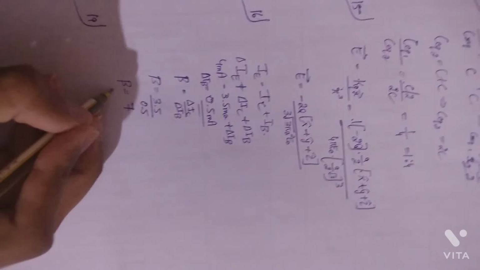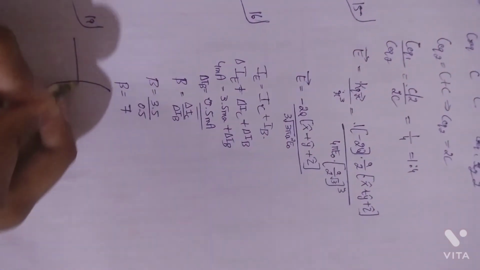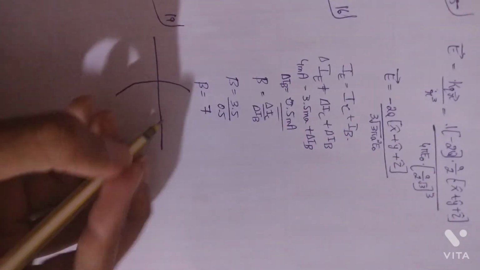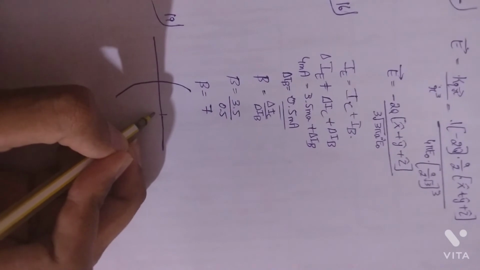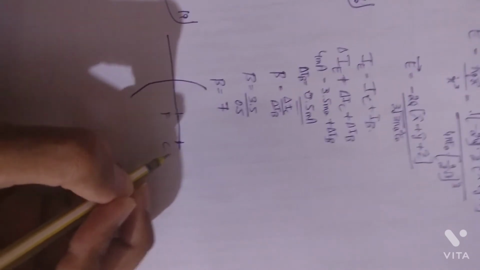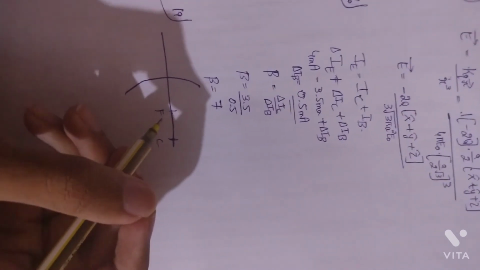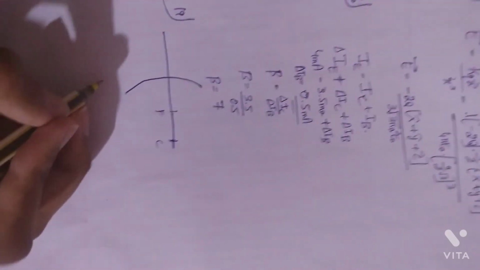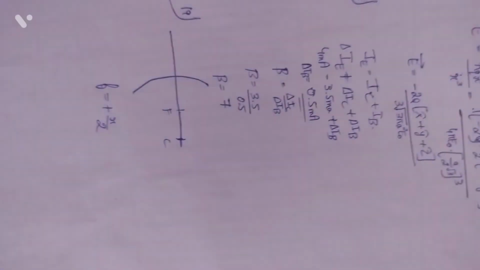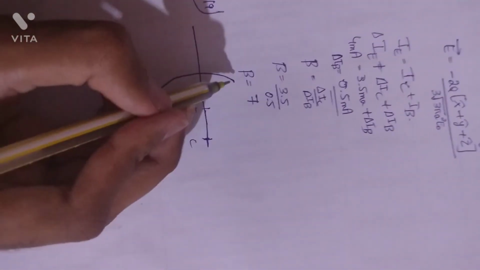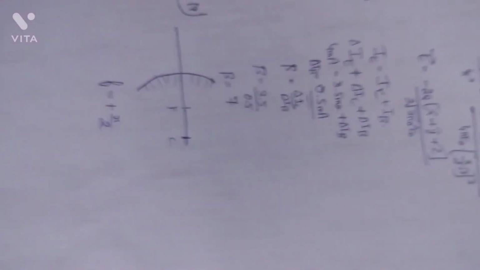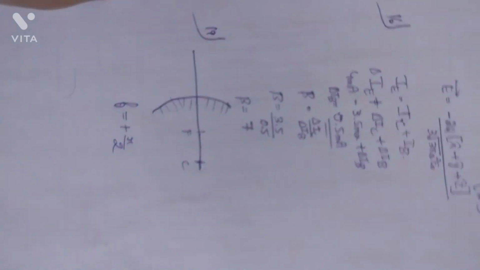If we come to the diagram, this is the mirror, a rough sketch, a line like this, and one is f, the focal length, and the other is C, the center of curvature. Seeing this, you can say the formula will be f is equal to plus r by 2, because the reflecting side is this way, so plus. We get f equal to plus r by 2 as the formula.